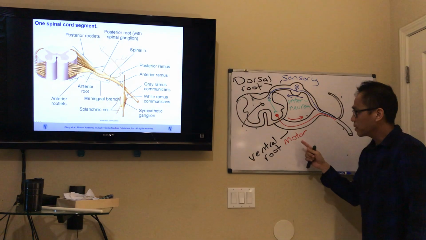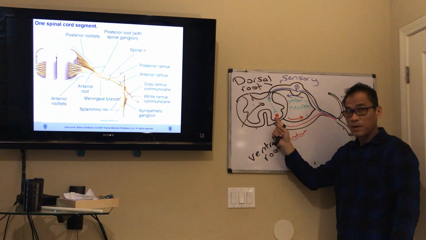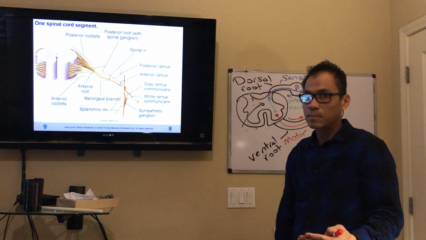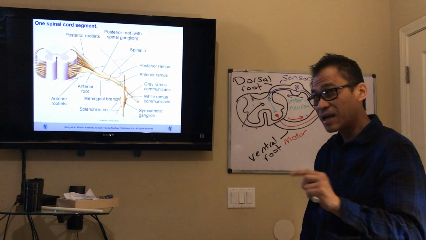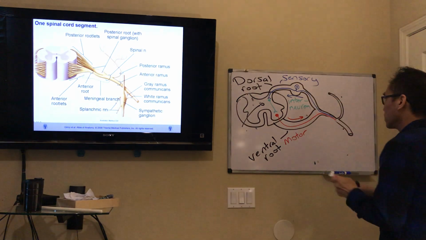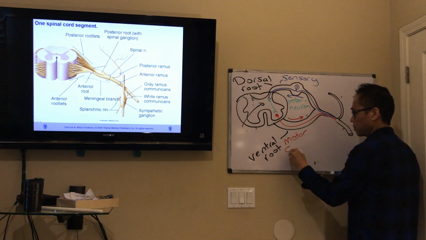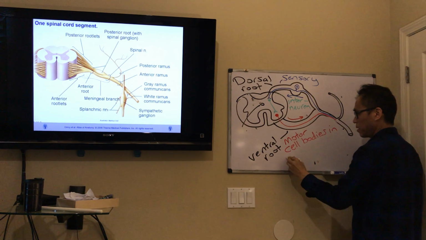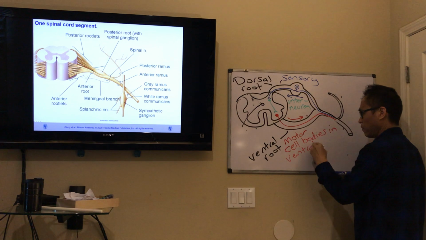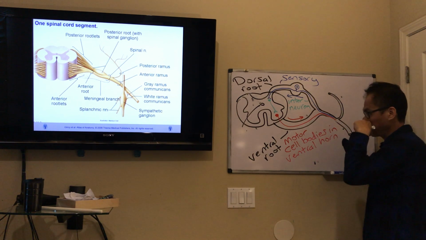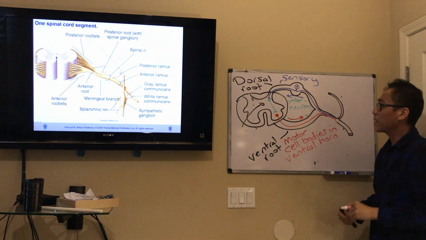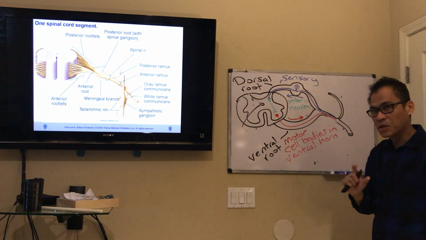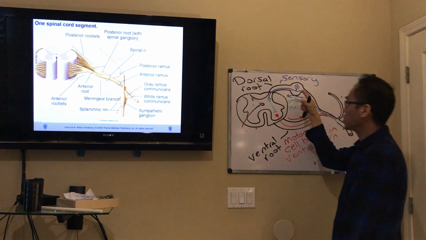I want you to know that the cell bodies for the motor neuron are right here. We call this the ventral horn. They're inside the CNS. Cell bodies in ventral horn. The cell bodies of the sensory neurons, this is called the dorsal root ganglion. A ganglion is a cluster of cells. So there'll be a bunch of cell bodies in there.